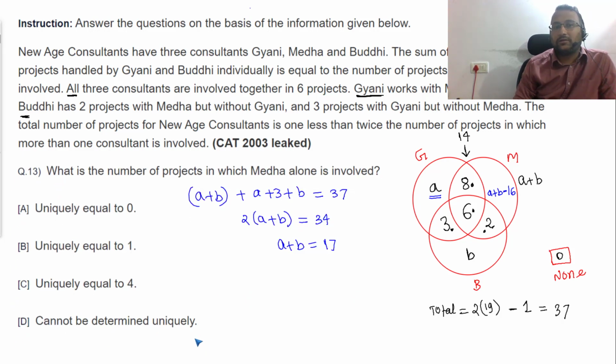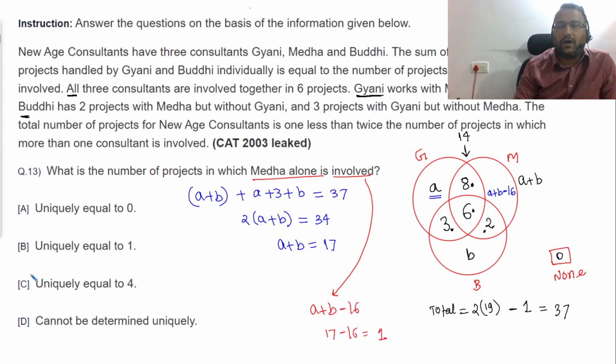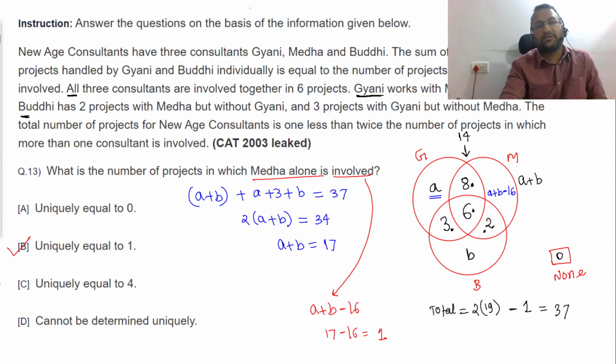What is the number of projects in which Medha alone is involved? So Medha alone, the answer of this question is A plus B minus 16. So the value of A plus B is 17 minus 16. The answer of this question is 1, that is option B. This is how we can solve these two questions.